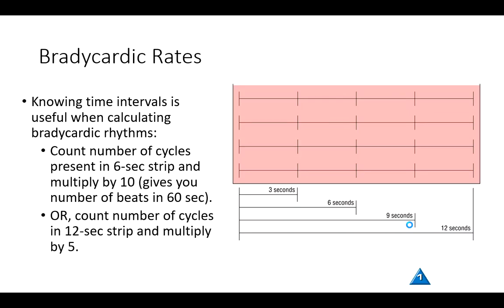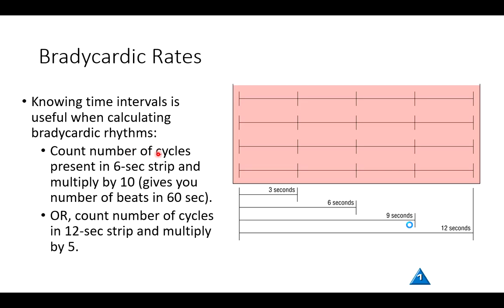We could also, in some cases, look at heart rates that are really small, which means sometimes they're going to be less than that 60, 50 of that chart that I previously showed. So by knowing the time interval, it can be useful for calculating bradycardic rhythms, ones that are really slow, less than 60 beats per minute. If you know that each of these tick marks is 3 seconds, that would mean 2 sets of tick marks is 6 seconds.